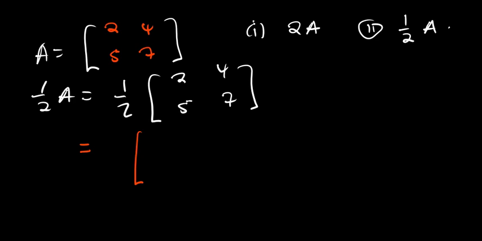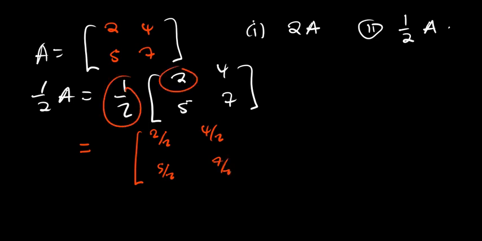So it's the same as 2 over 2, 4 over 2, 5 over 2, and 7 over 2, because 1 times 1 is not going to affect anything. If you are able to simplify it, you can simplify it.